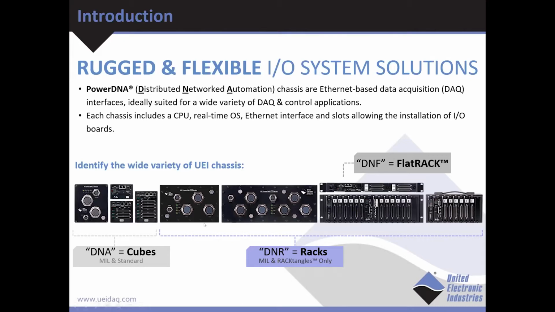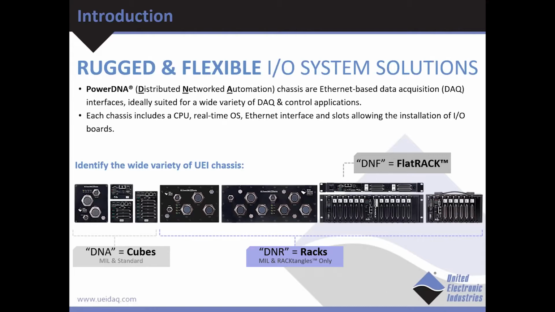Then on the right, we have the rack chassis. We have a 12-slot full rack, a 6-slot half rack, and a 4-slot flat rack, the number of slots denoting the number of I/O boards that you could populate in there. And also we have the military versions of the 12-slot and the 6-slot chassis for IP rating.